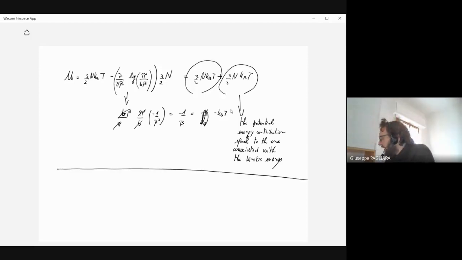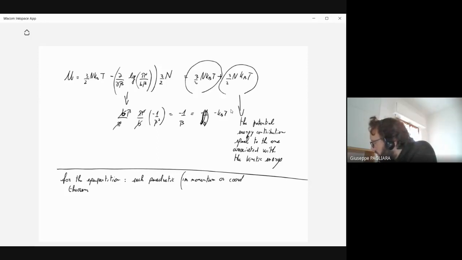Well, this was expected because, again, by the equipartition theorem, each quadratic term in momentum or coordinate in the Hamiltonian contributes with a factor kBT/2.